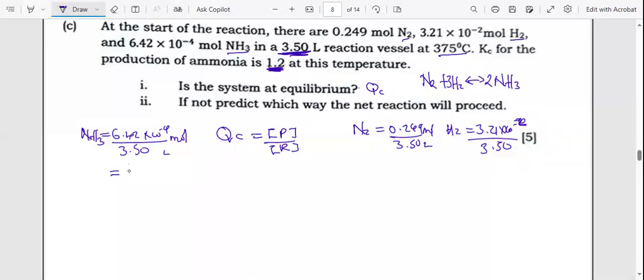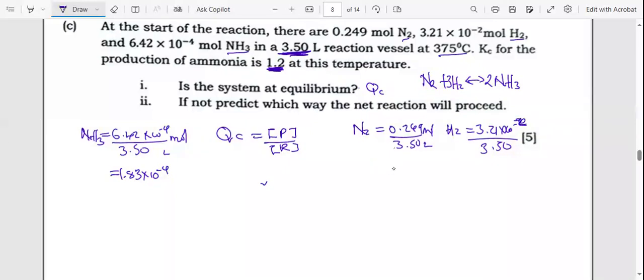Here the concentration for ammonia, when you punch that on your calculator, is 1.3 times 10 to the power negative 4. Then I'll come back to this space. That's where I'll find my value.